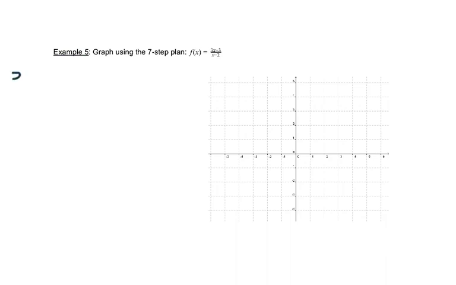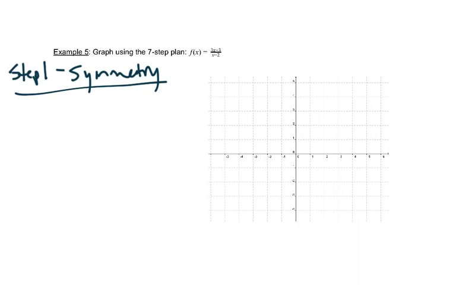Okay, so first let's look at step 1. And step 1 is symmetry. So in this case, we're trying to see, do we have even or odd symmetry, and that can help us graph things. So first we'll look for even. And to find even, we replace x with negative x and simplify.